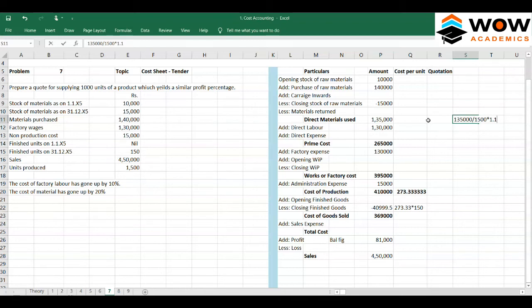If you put this, you will get the cost per unit. But we do not want it per unit, we want it for 1,000 units. For 1,000 units, what would be the cost? The answer flows to 99,000. So we got the material. Sorry, the material has to go up by 20%, that's the wrong thing. Material has to go up by 20%.